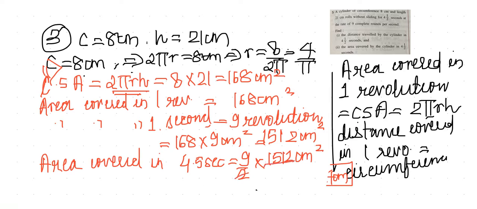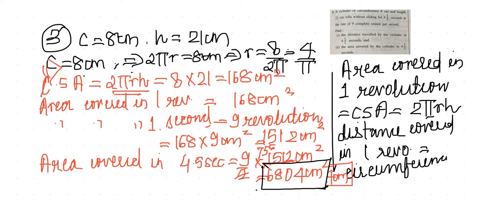If you divide, this is 756. When you multiply this, you are getting 4, 0, 8, 6. So this is the area that has been covered in 4.5 seconds.